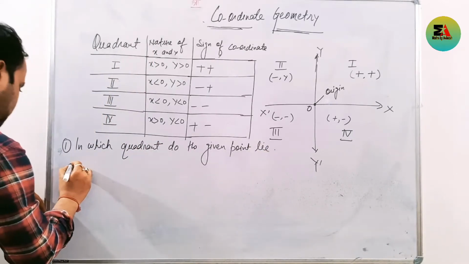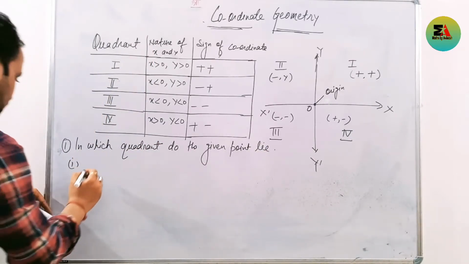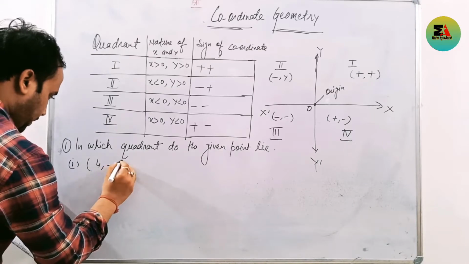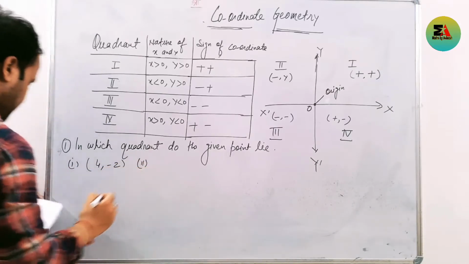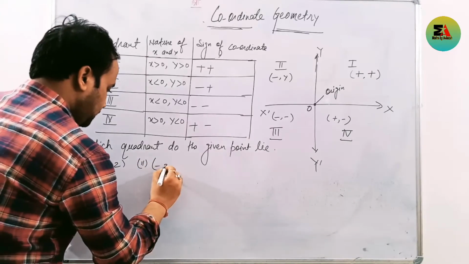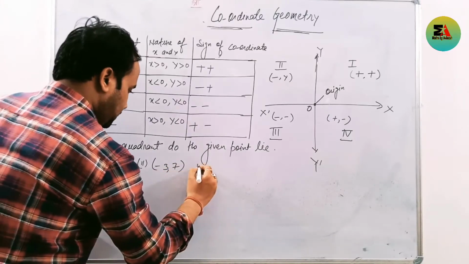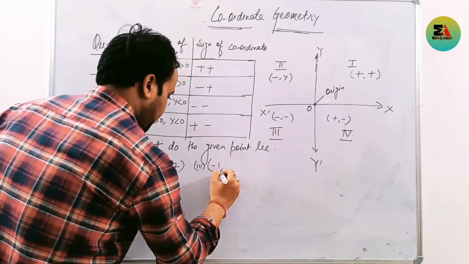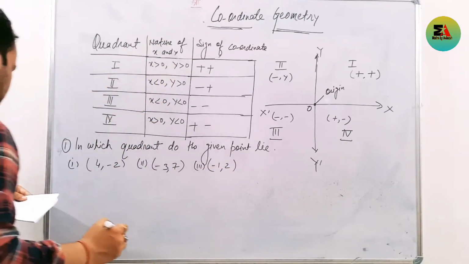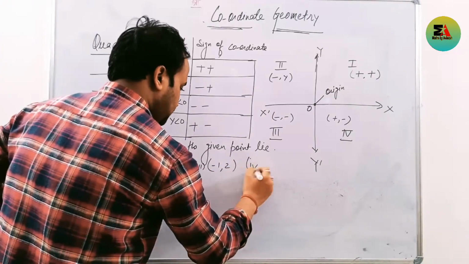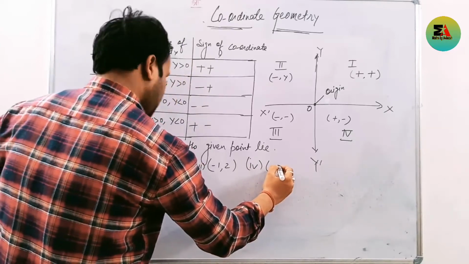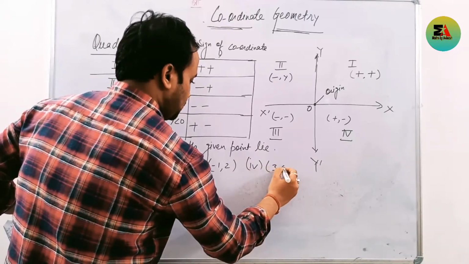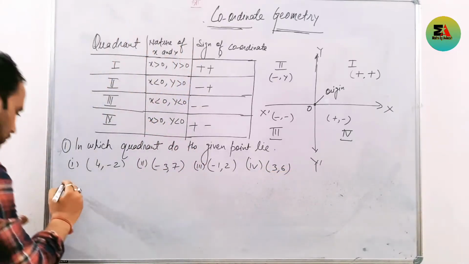Clear? First is (4, -2). Second is (-3, 7). Third is (-1, 2). And fourth one is (3, 6). See how we solve.